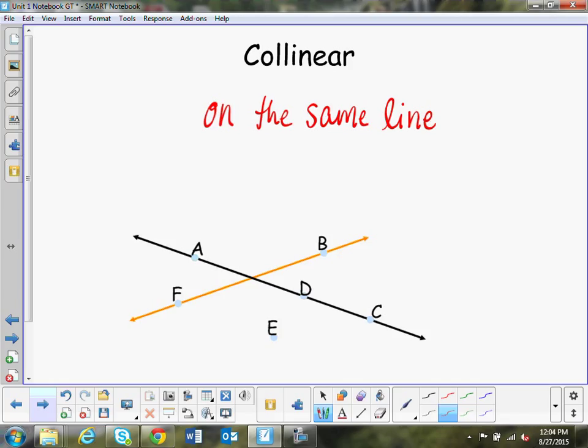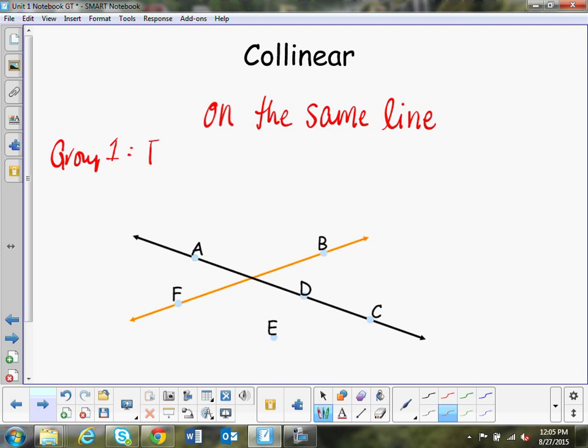Group 1, I'm going to call on you. Let's see if you can name them all. Name one group of collinear. S and B. Good.